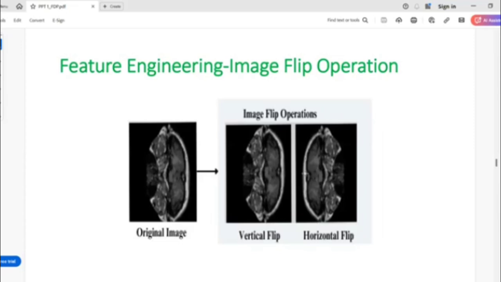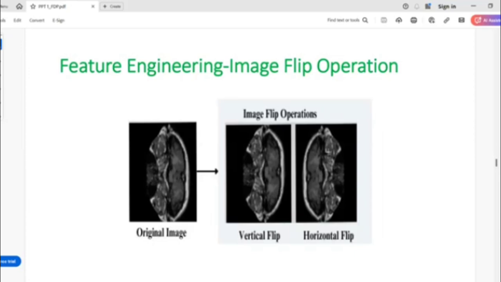You can see here in the example. This is my original image. After performing vertical and horizontal flips, this is the output. Basically, an image is made of pixels.